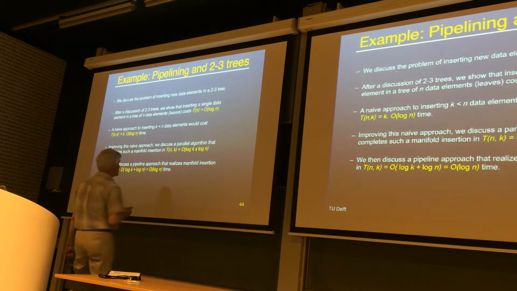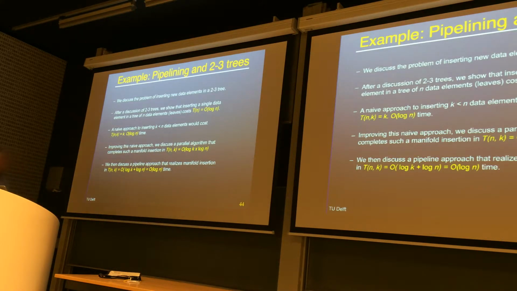The way to do that requires some clever manipulation, but without pipelining, we can improve from k times log n to log k times log n. So if k equals approximately n, we end up with a log squared n for inserting in a 2-3 tree.